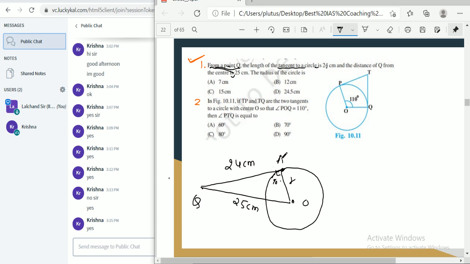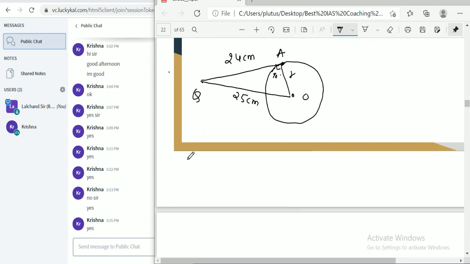So if we apply Pythagoras in triangle OQA, we can write QA square plus OA square that is equal to OQ square.